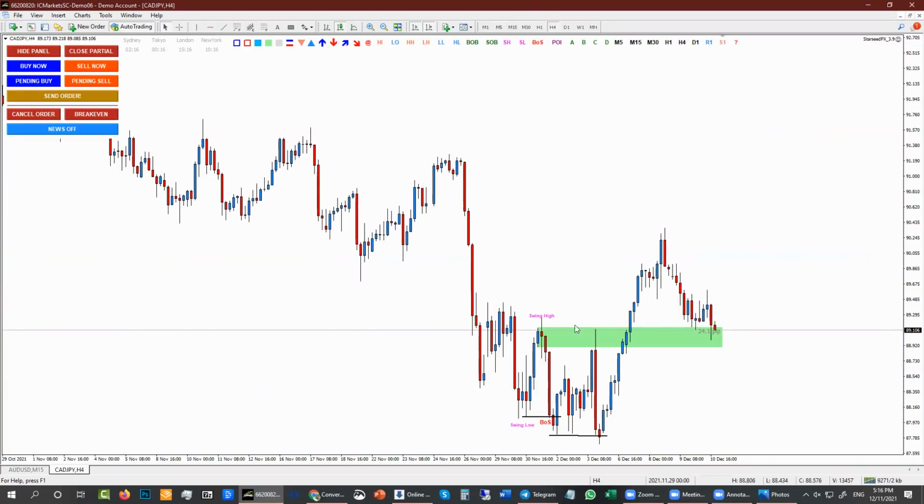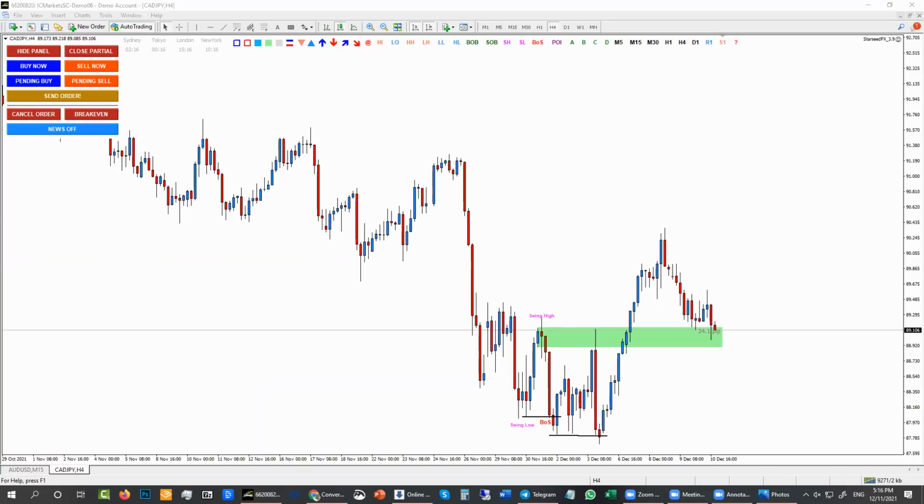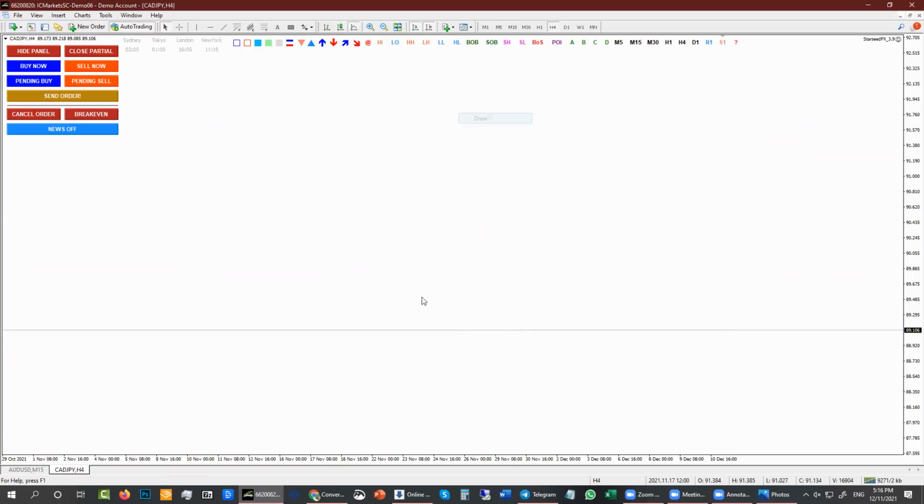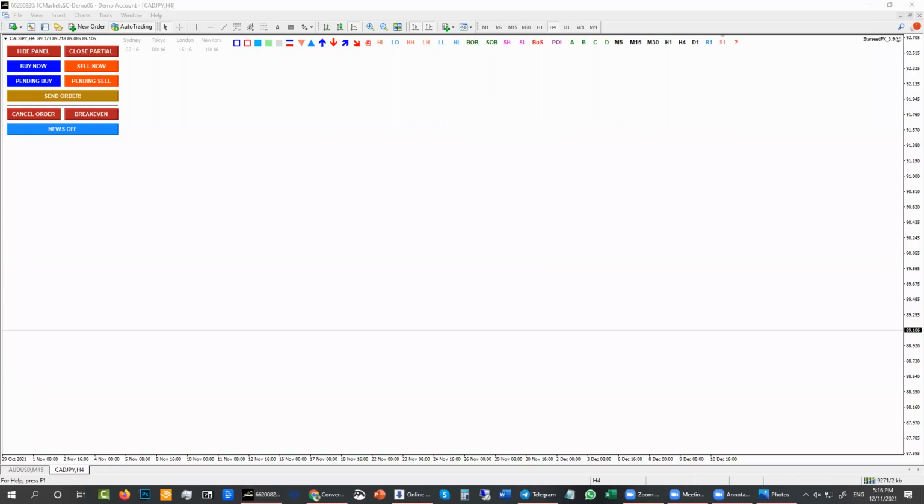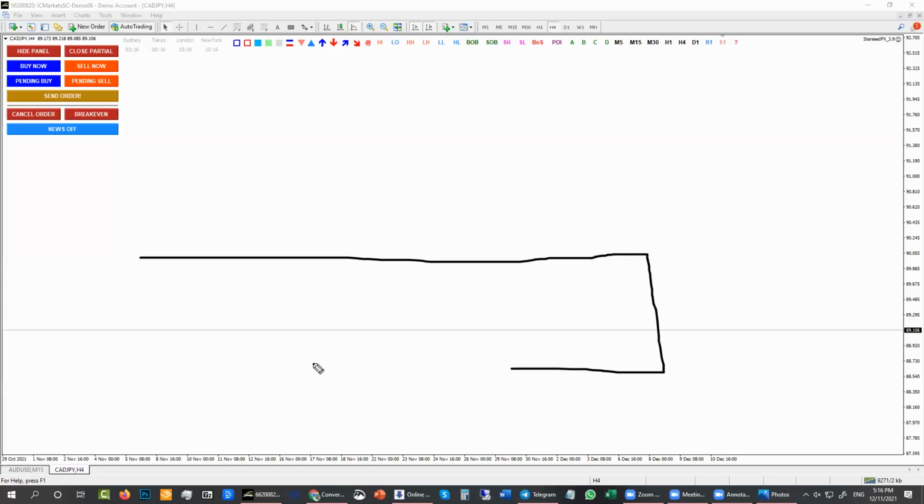If you suddenly cannot read the market, let's just go back to here. Let me make this. Okay, so let's say this is a giant order block, and here the market is touching, right?